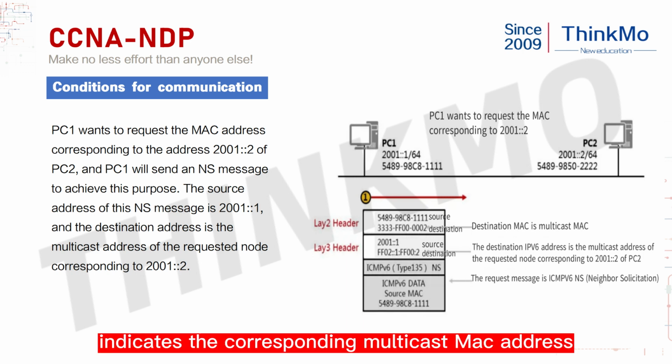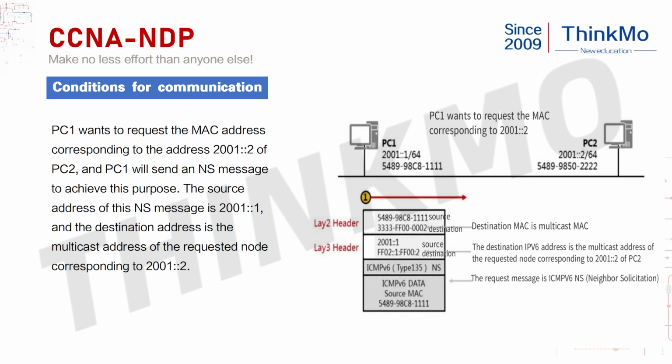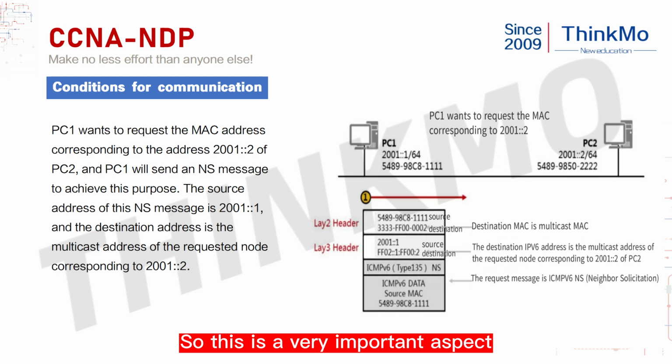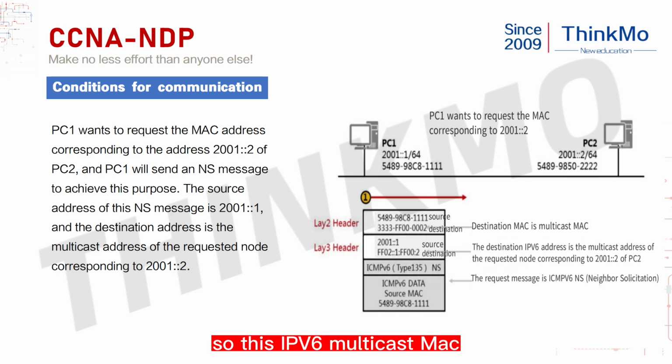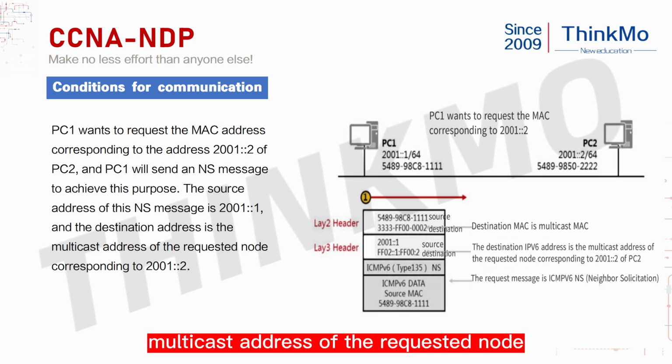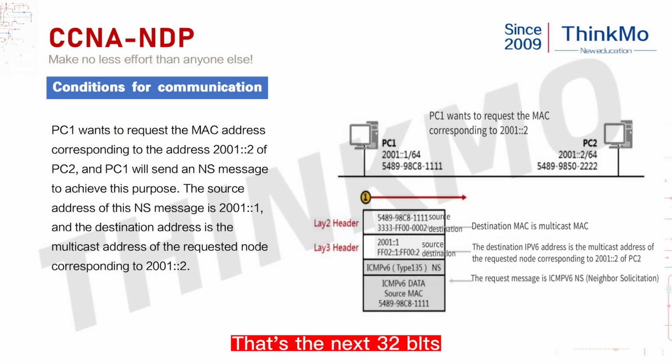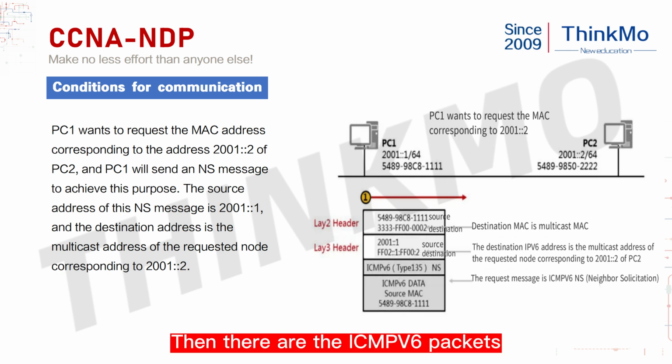So this is a very important aspect. This IPv6 multicast MAC starts with 33:33, and then comes the mapping of the solicited-node multicast address, that's the last 32 bits. Then there are the IPv6 packets.